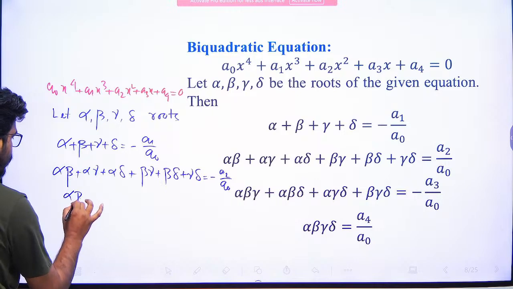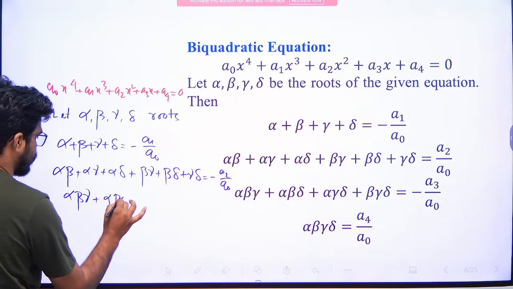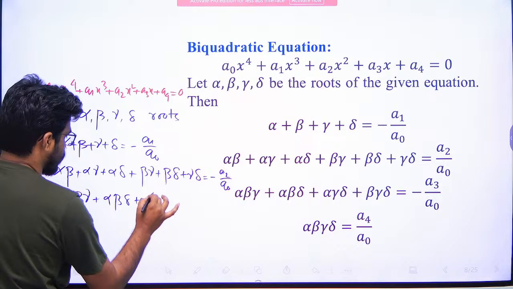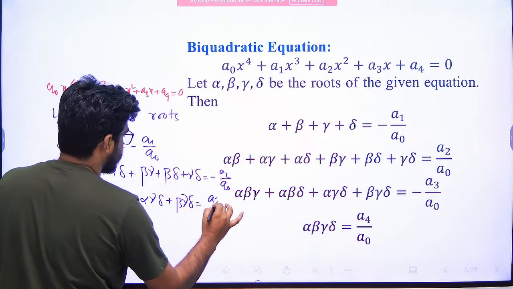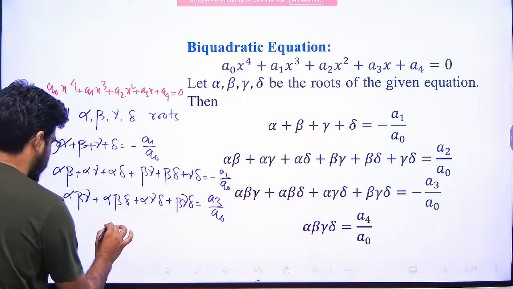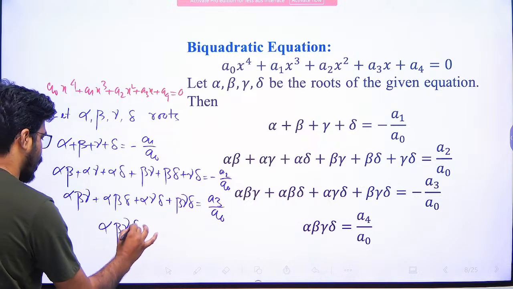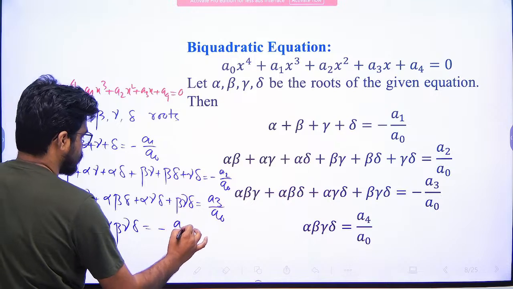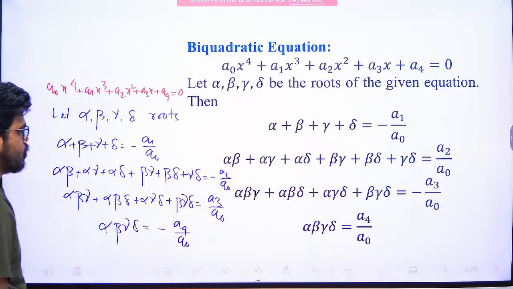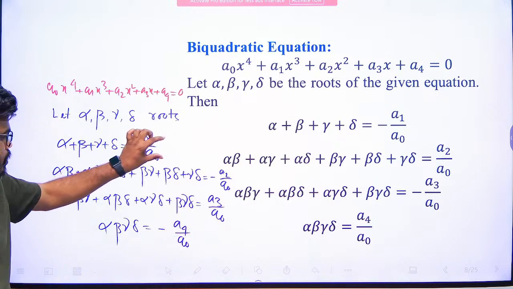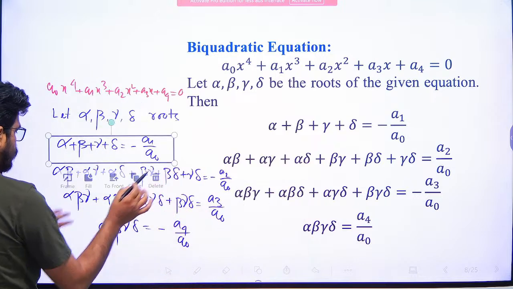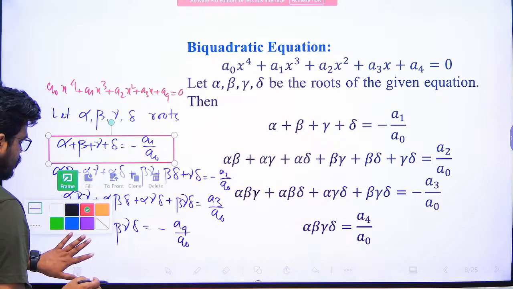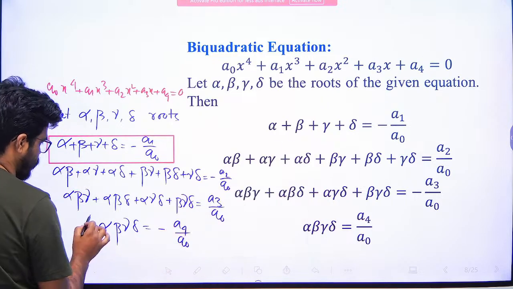Alpha beta gamma, alpha beta delta, alpha gamma delta plus beta gamma delta will be plus a3 by a0, and alpha beta gamma delta is minus a4 by a0, right? So this is the sum of the roots and this is the product of the roots.